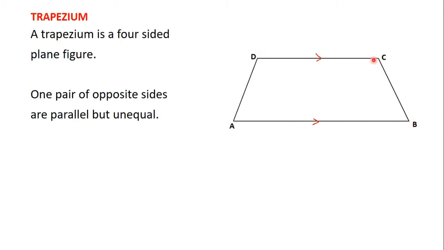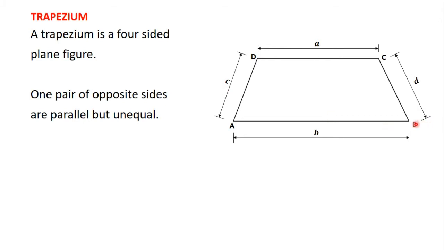They have different lengths. How do we find the area and perimeter of a trapezium? Considering this trapezium, let's call the length DC, A. The length AB is B. The length AD is C and the length BC is D. We know that the perimeter of a plane figure is the sum of the distance around the figure.